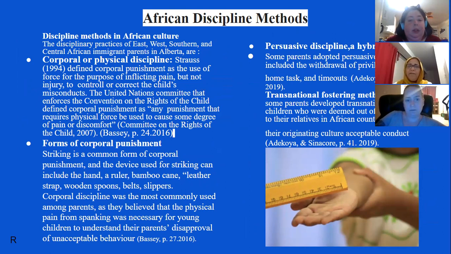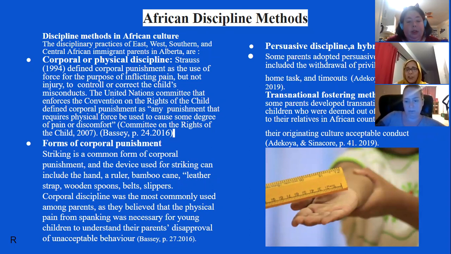Okay, African discipline methods. Actually, this research was done here in Alberta on disciplinary practices of East, West, Southern and Central African immigrant parents in Alberta. They found that these parents use corporal or physical discipline, and corporal punishment is defined as force used for the purpose of inflicting pain, but not injury, to control or correct the child's behavior.